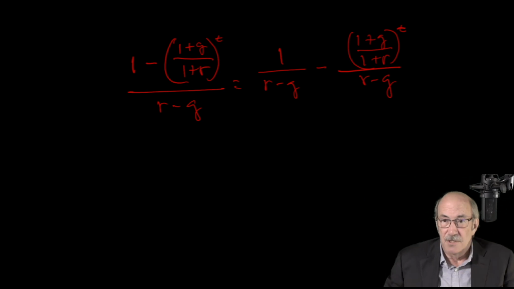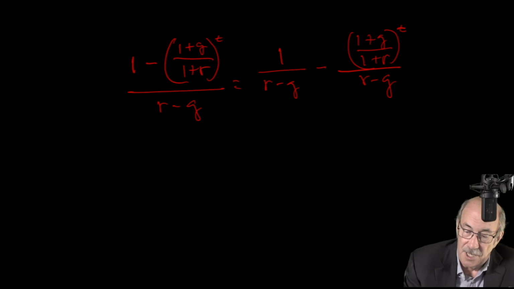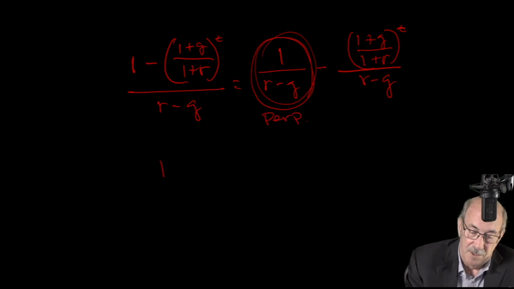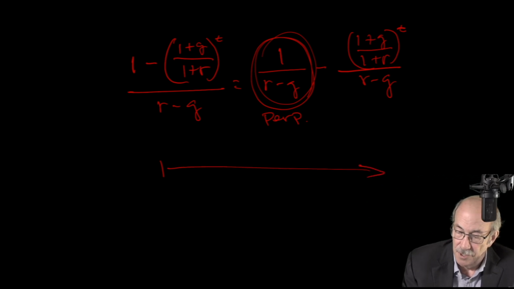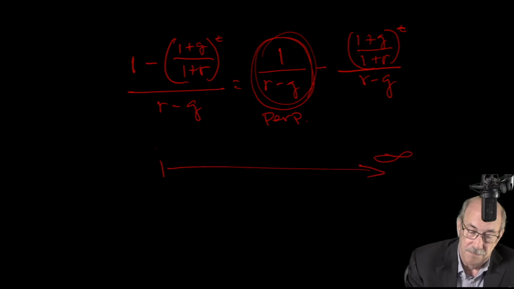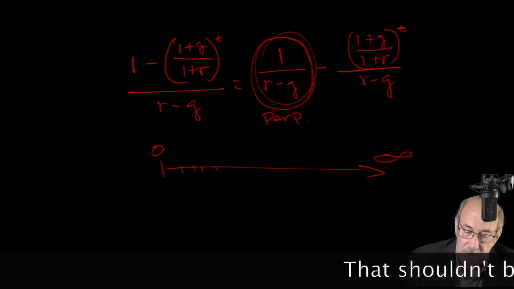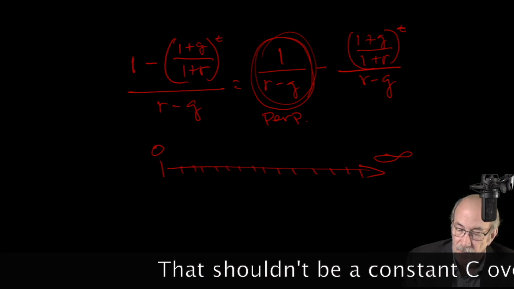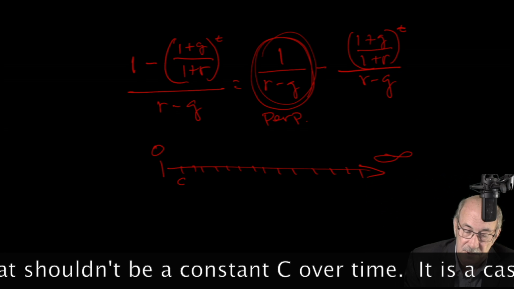All right, so the way I like to think about this is that this piece of it is a perpetuity. So from here out to infinity, we're going to get whatever C is.